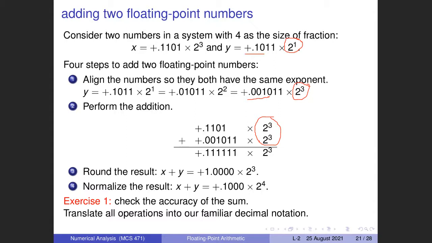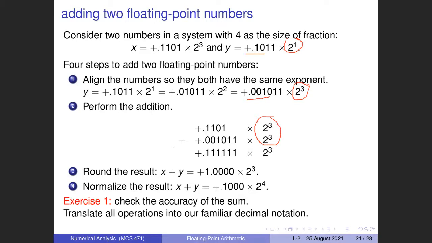So here you see the result, how the ones that are least significant in the second operand are actually propagating through. So this addition, for the sake of our calculations, is performed exactly. So no errors have happened so far.